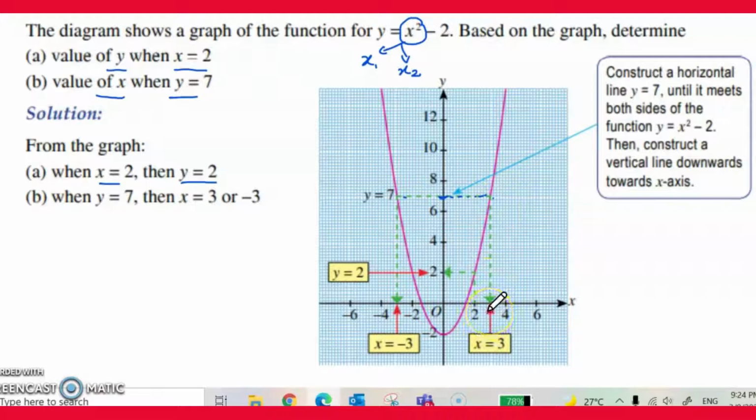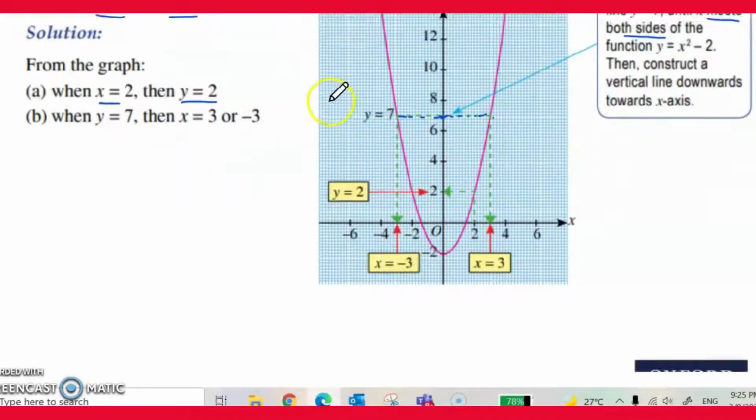So that is totally wrong, because we have to look at the whole graph, and we make a line that touches the left hand side and also right hand side. So we can see here, construct horizontal line, y equal to 7 until it meets both sides of the function. Then construct a vertical line downwards towards x-axis.